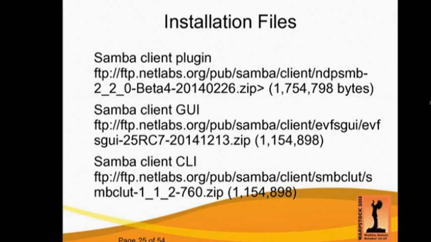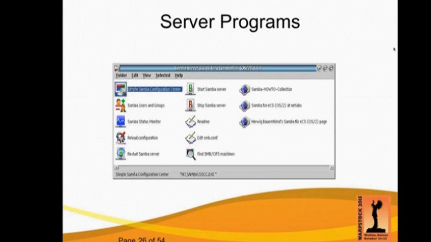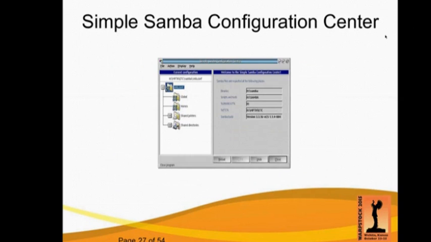Next slide, please. Okay, once the server's installed, this is the folder of files that it creates. Next slide, please. Simple Samba Configuration Center does most of the work for shared directories and printers. I have not been using shared printers very much. My printers are already on the network, and I don't need to use them in this way.